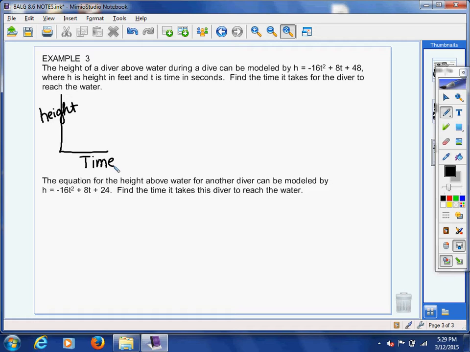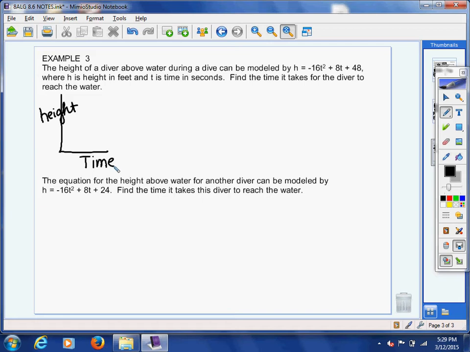So this diver is pretty high up, and she didn't start from 0 and then end at 0. It's not that type of situation. She's already fairly high up at the time that the timer begins. So her height is actually high up, it's not 0.